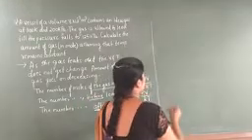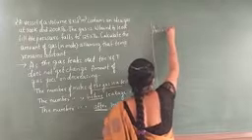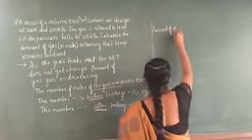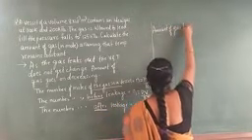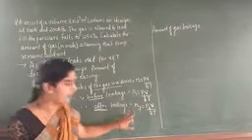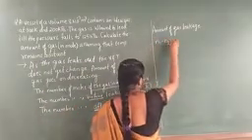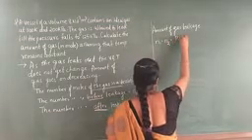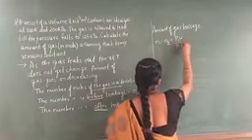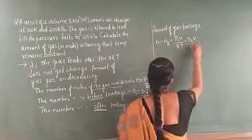Next we consider the amount of gas leakage, n1 minus n2, which is equal to P1 V by RT minus P2 V by RT.